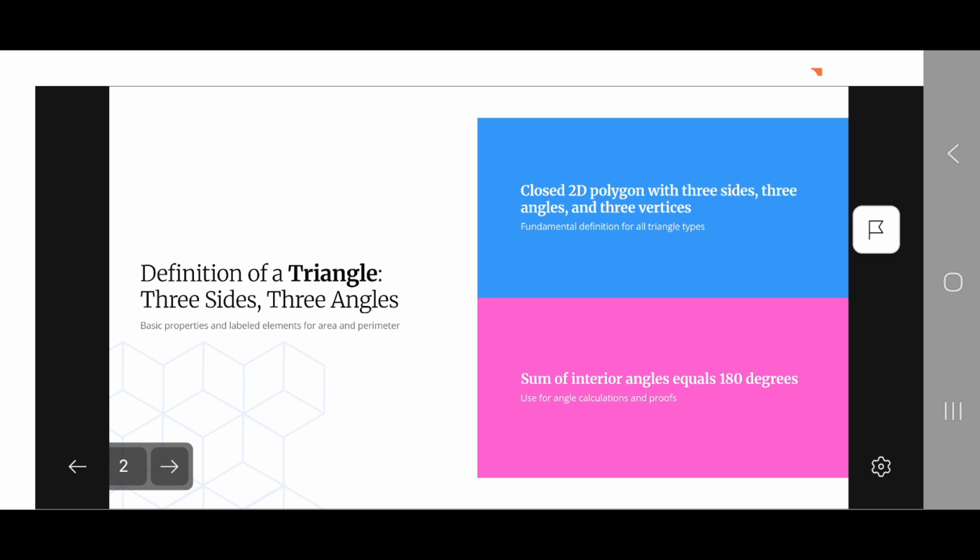So, a definition of a triangle. A triangle is a closed 2D shape and polygon with 3 sides, three angles, 3 vertices.